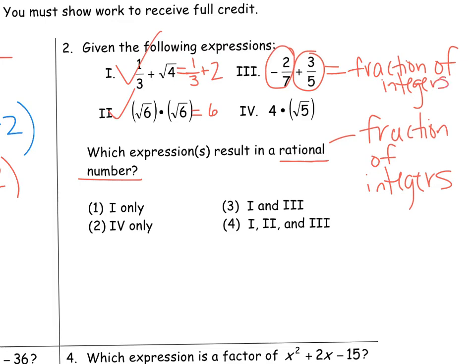And then lastly, obviously can't be number 4 since the rest of them checked out. So if I look at number 4, 4 times square root of 5, that's not a perfect square. So this is not going to be rational. So you should get answer choice 4.